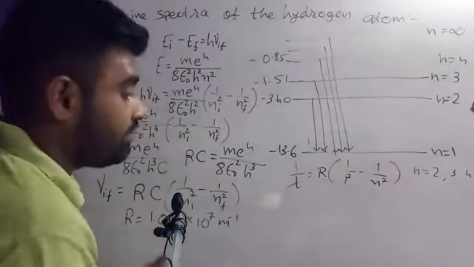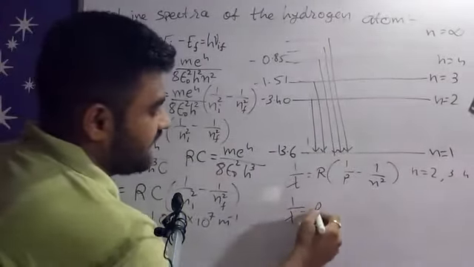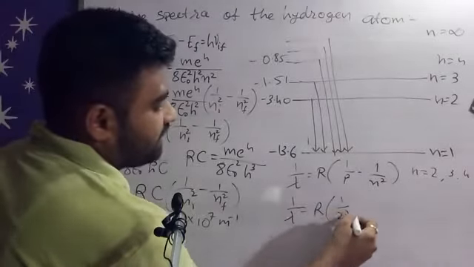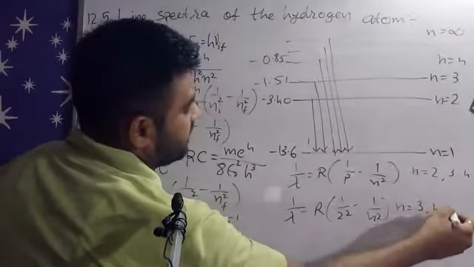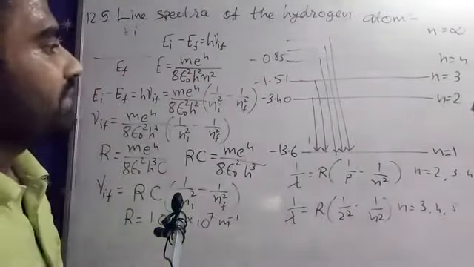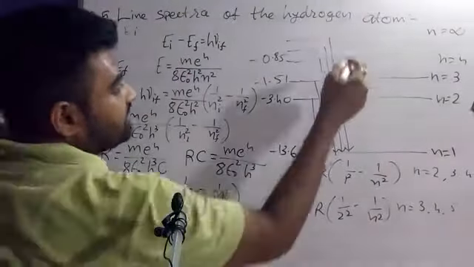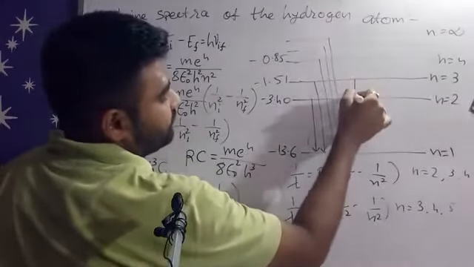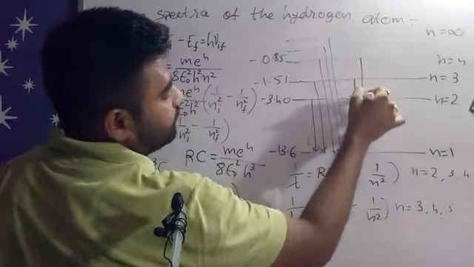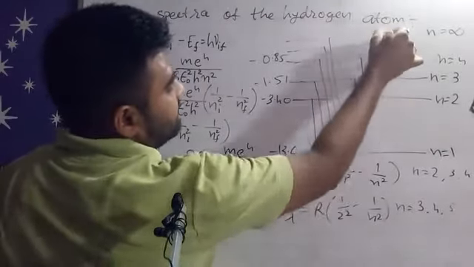Similarly, for Balmer, 1 upon lambda is equal to R into 1 upon 2 square minus 1 upon n square, where n is 3, 4, 5. Since we have 2 here, it starts from 3: 3 to 2, then 4 to 2, then 5 to 2, and so on.